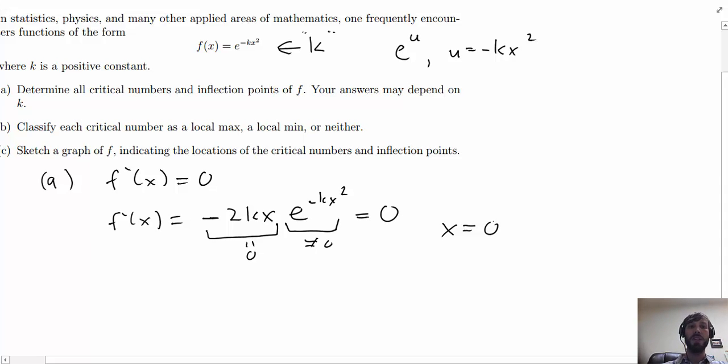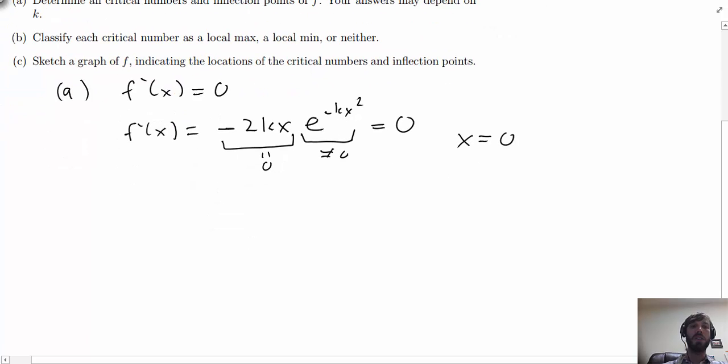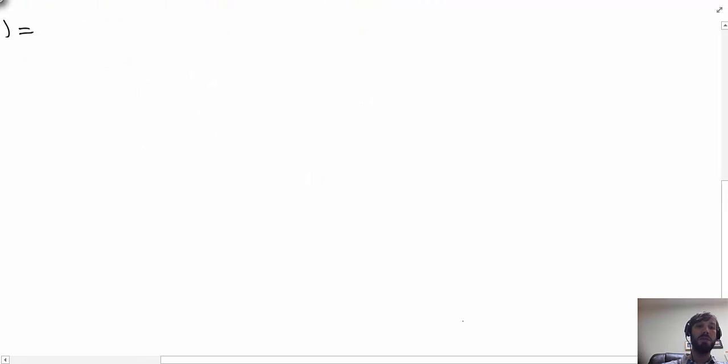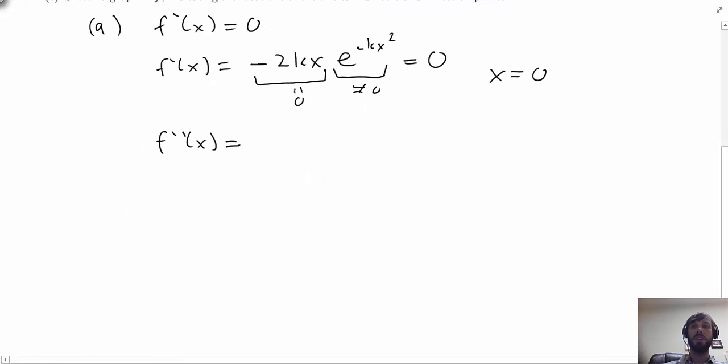To determine the inflection points, we just look at the second derivative now. For the second derivative, we need to apply the product rule, thinking of this first function here as f and the second as g.